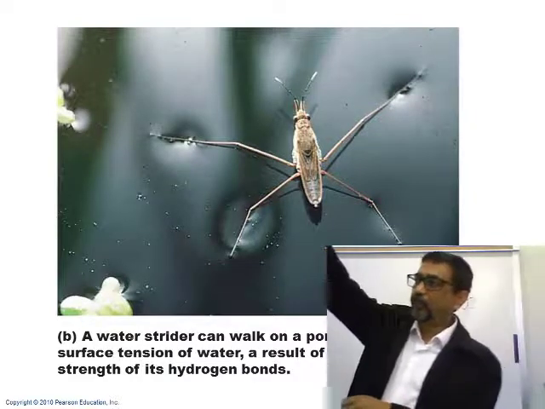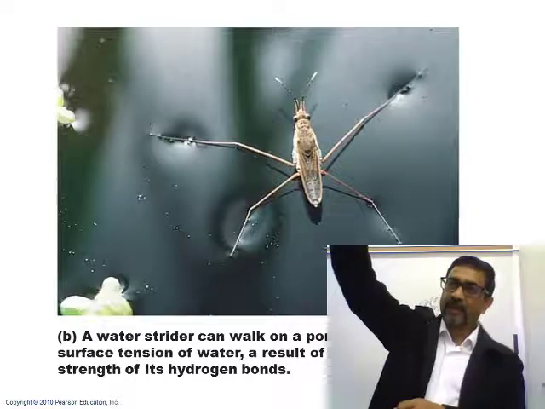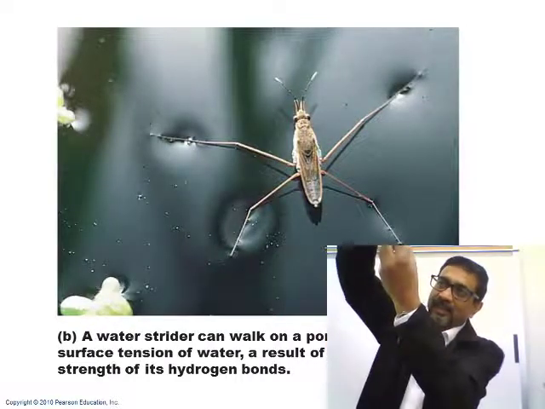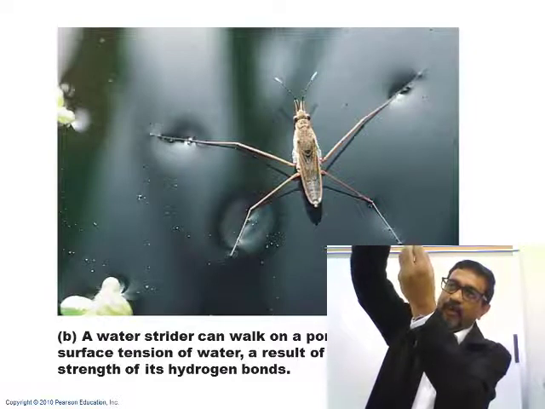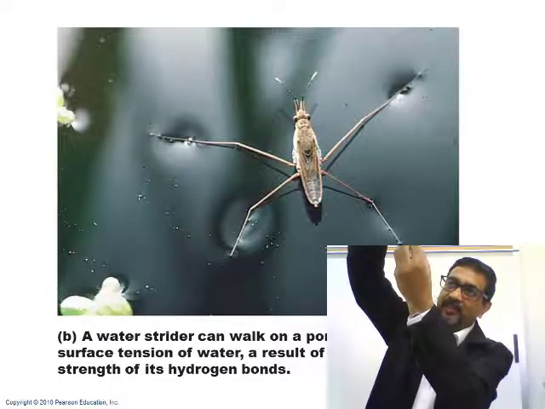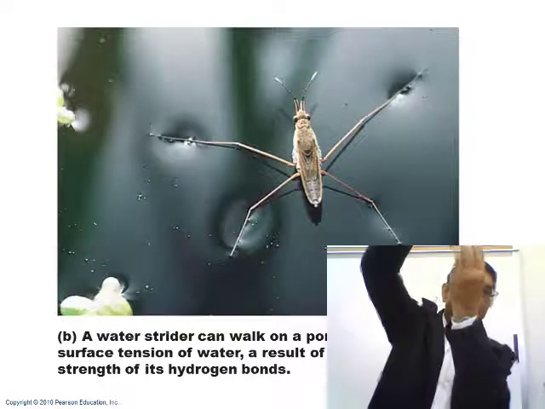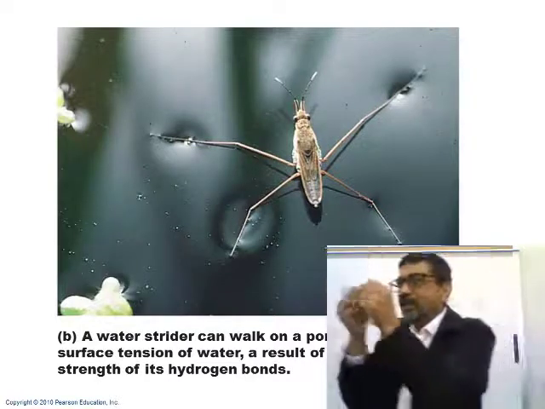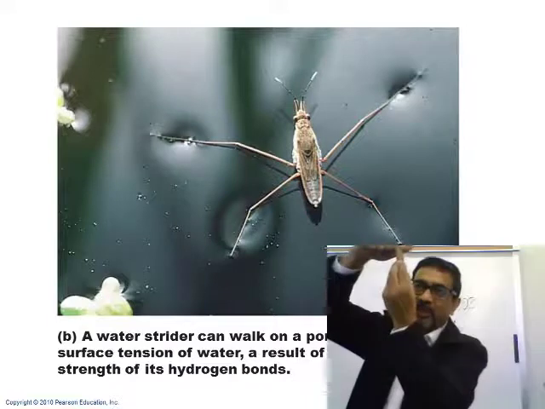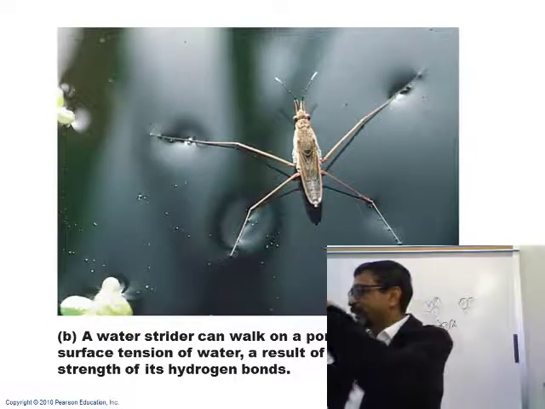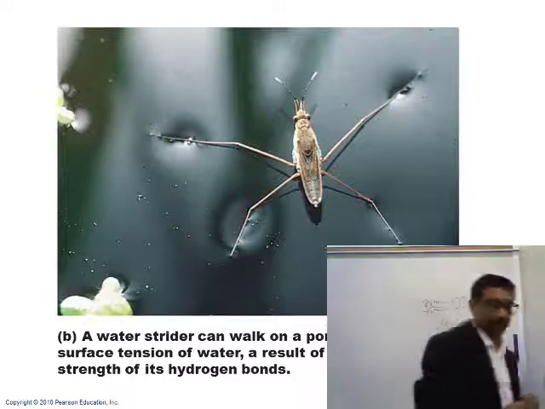If you put your finger in water and take it out, you'll see a nice ball of water formed on the fingertip, right? The water ball is formed because water molecules try to stay together. That's why that ball is formed, right? Water ball. So that's the hydrogen bond.